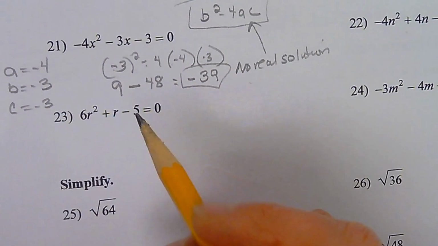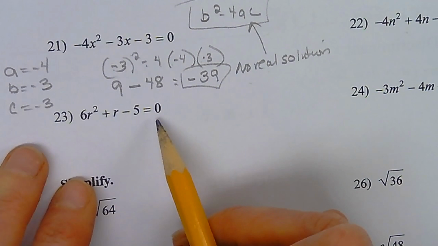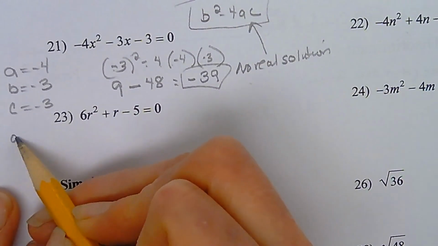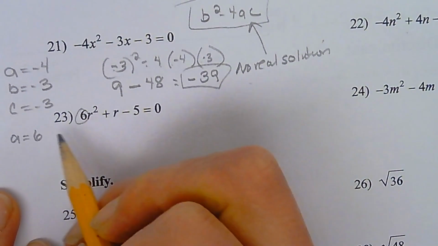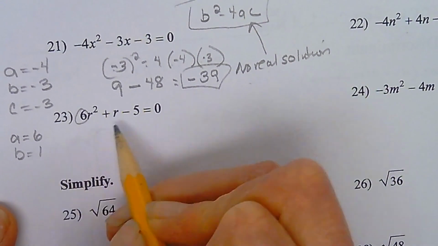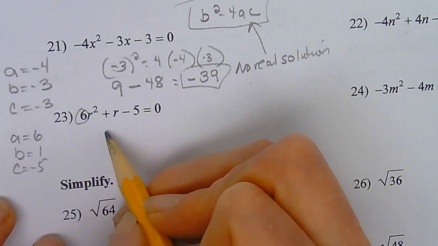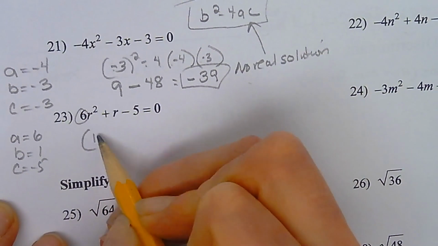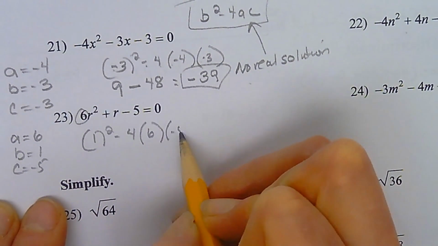Okay, number 23. 6r squared plus r minus 5 equals 0. My A value is going to be 6. It's the number in front of the squared. B equals 1 and C equals -5. So B squared is 1 squared minus 4 times 6 times -5.